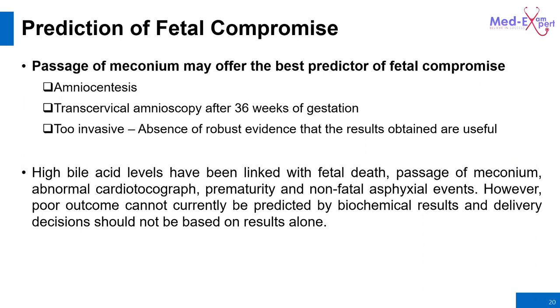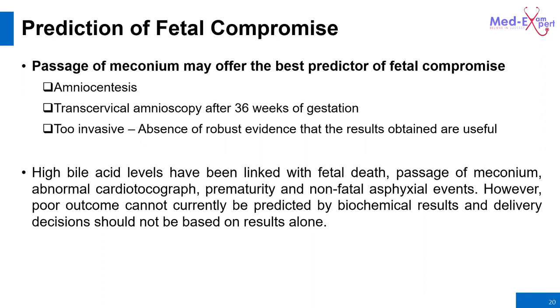So if we want to summarize that part, there is no recommended method to predict fetal compromise, whether ultrasound, CTG, and so on. Usually the risk, if it happened in a previous pregnancy, may be repeated in the current pregnancy.